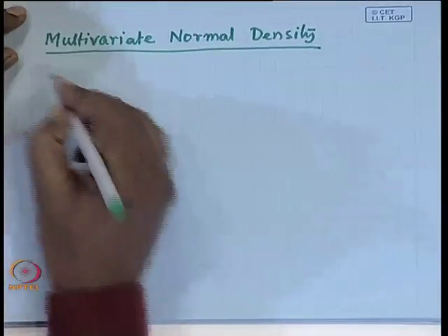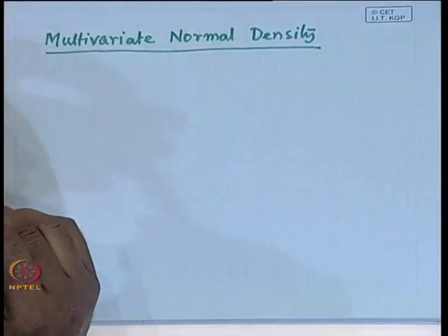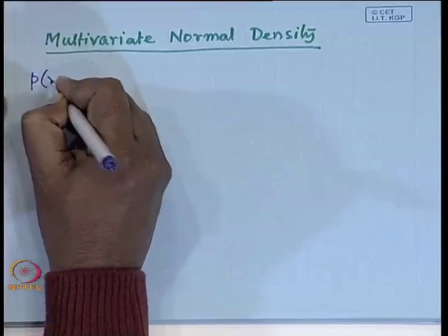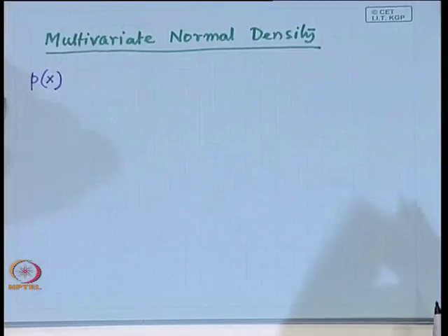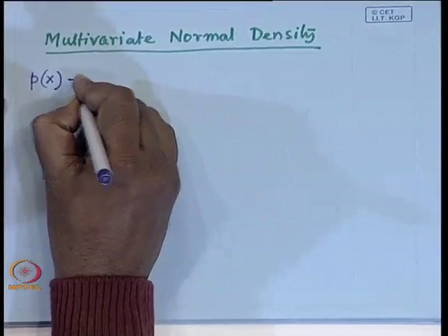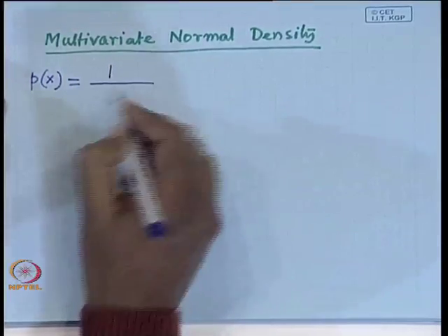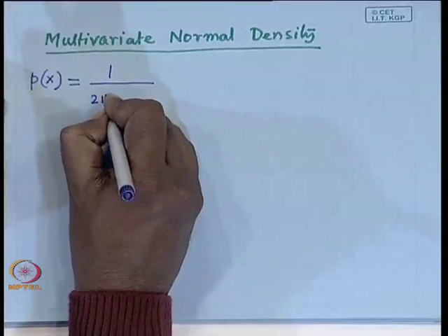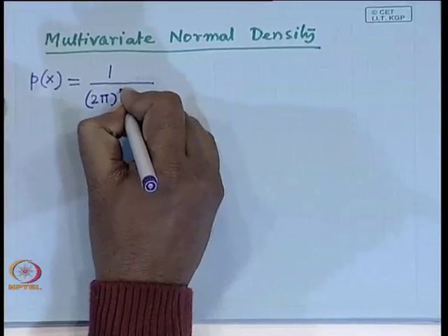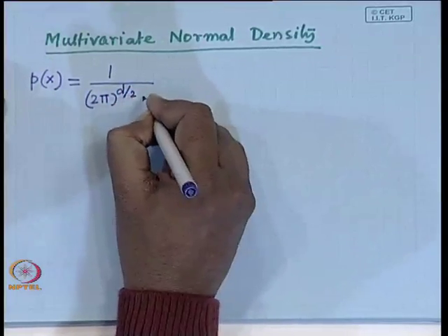So, here instead of a single feature x, we have a feature vector. And the feature vector is, again we use it as x, but instead of writing in lowercase x, we write in capital X. So, this p of X in this case for a multivariate case will be simply given by 1 upon 2 pi to the power d by 2, and so on.